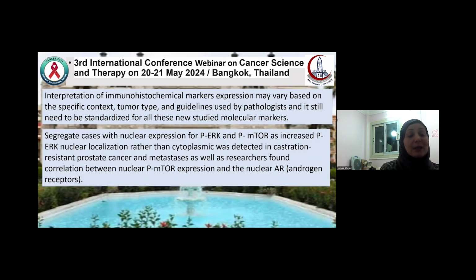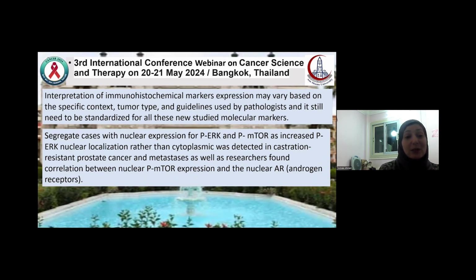Another issue is that there is a lot of research going on segregating the expression of these tumor markers, especially phosphorylated ERK and phosphorylated mTOR. They segregate the nuclear expression from the cytoplasmic expression. As I told you, when these molecules go to the nucleus, this denotes activation of the pathway, because they go to the nucleus to induce more transcription factors, instead of the cytoplasmic stain.